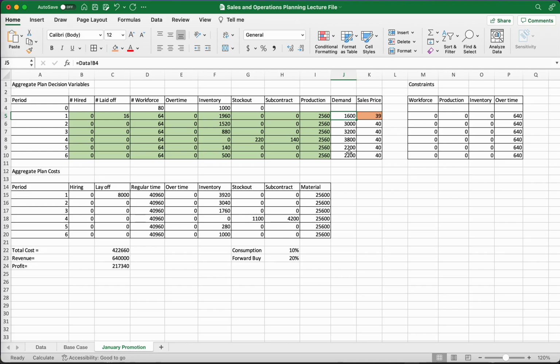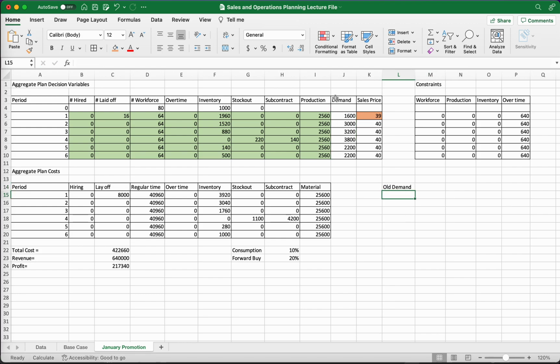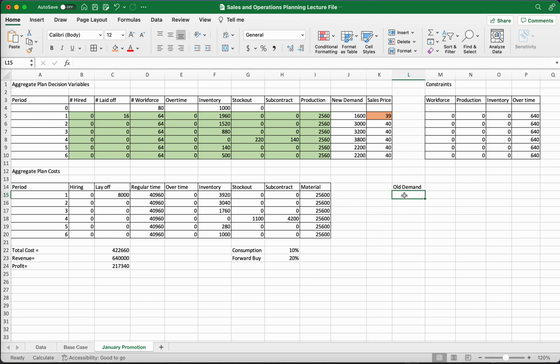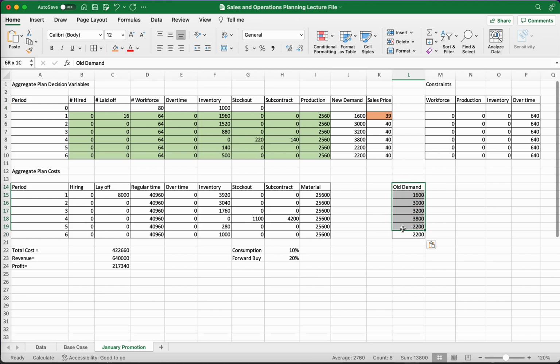So let's calculate that. Let me copy this and paste it here. I'm going to call this old demand, and this will be new demand, so these are the old demand values, right?